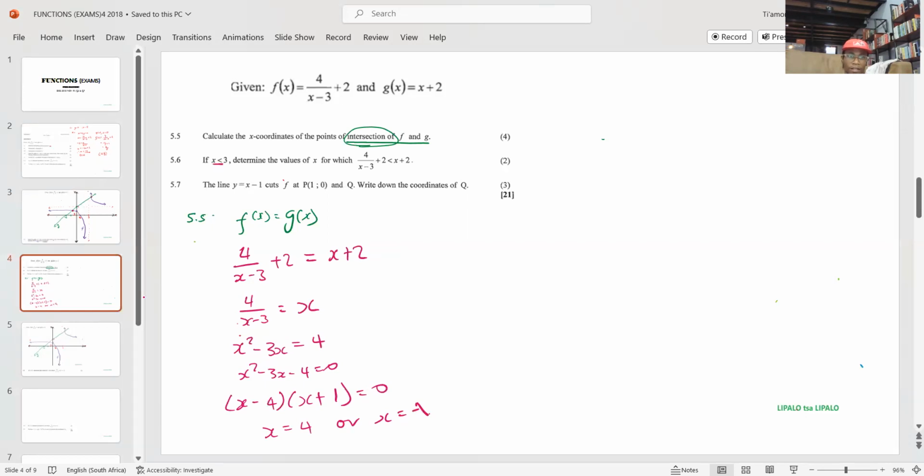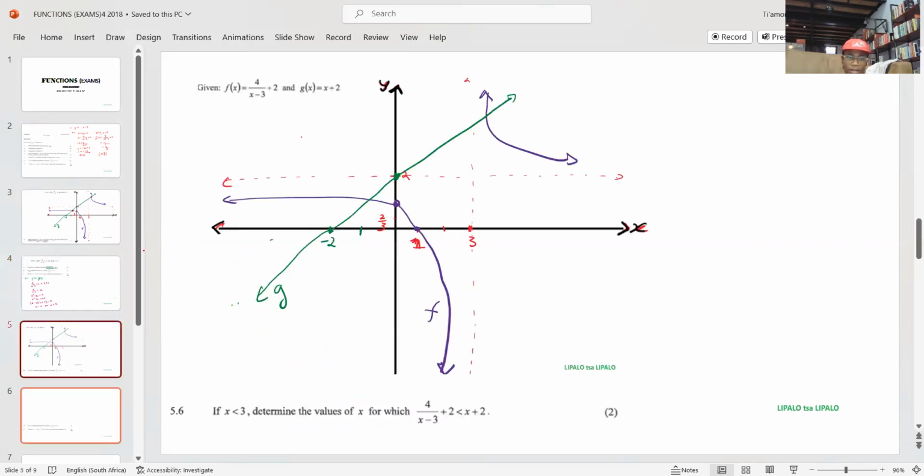And then they're saying if x is less than 3, determine the value of x for which this is true. I like this question here. What they're simply implying is how they want to confuse you.